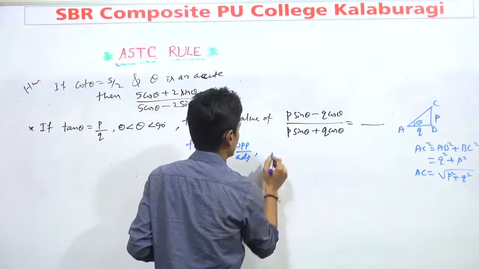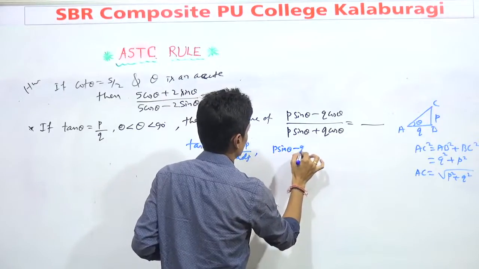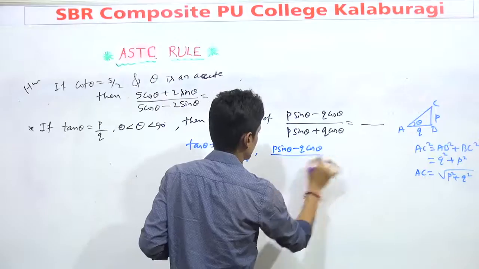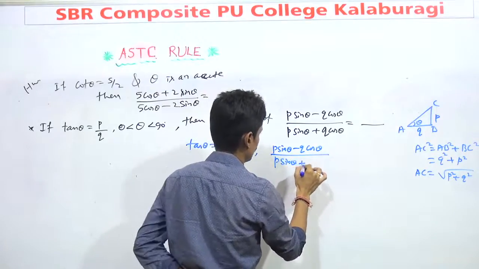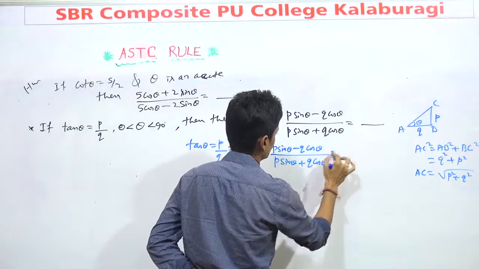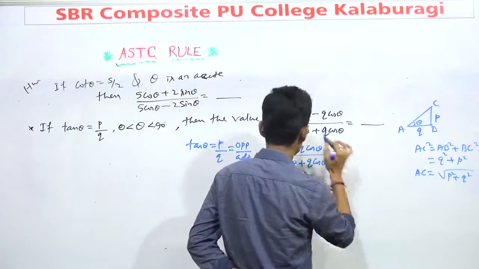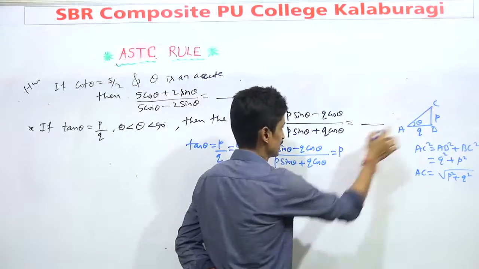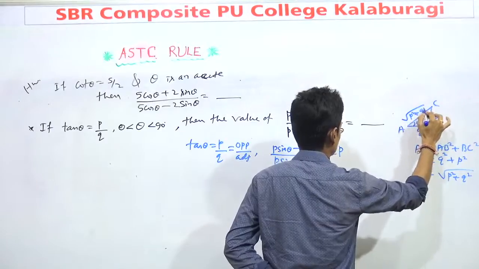Taking this, (p sin theta minus q cos theta) divided by (p sin theta plus q cos theta). What is sin theta? You have to define it. The hypotenuse I got is root of p square plus q square.